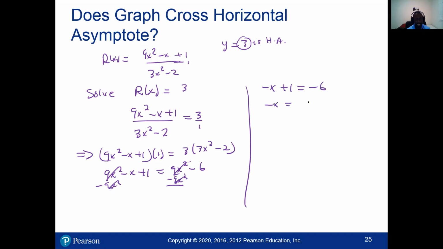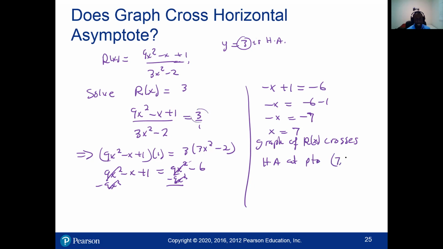So minus x is equal to negative 6 minus 1, which is negative 7. Then divide both sides by negative 1, and x is equal to 7. So the graph of r of x crosses the horizontal asymptote at the point where the x coordinate is 7, and the y coordinate will be 3 because you equated it to 3.